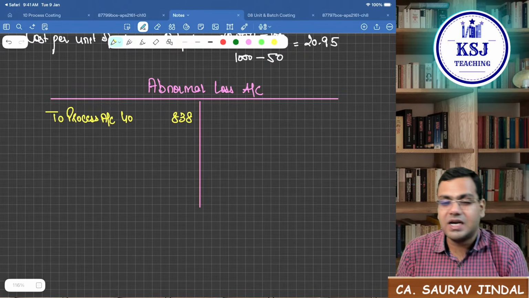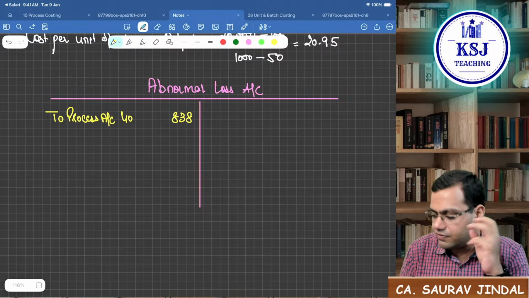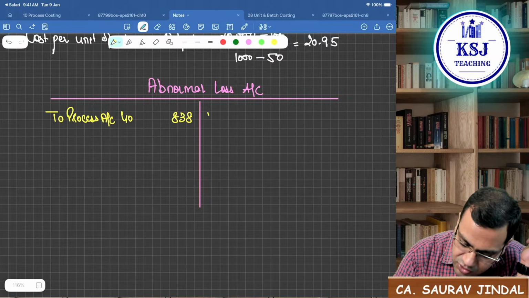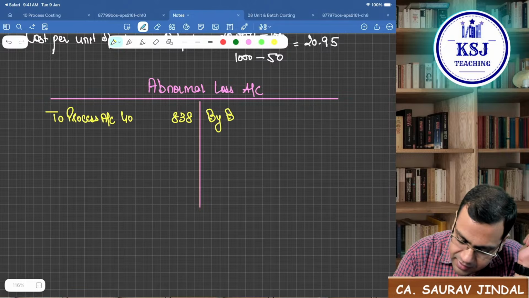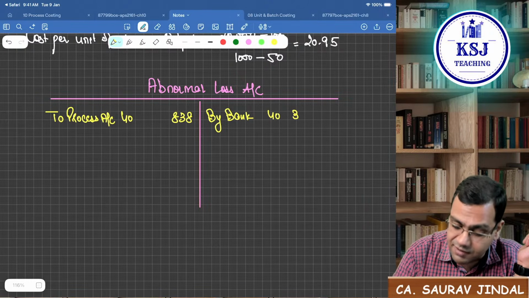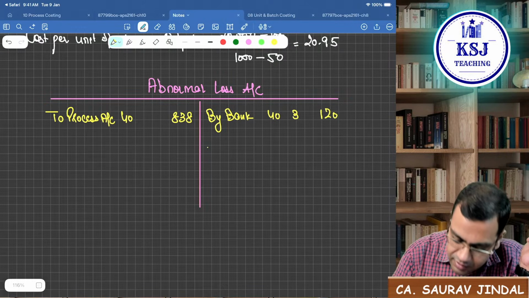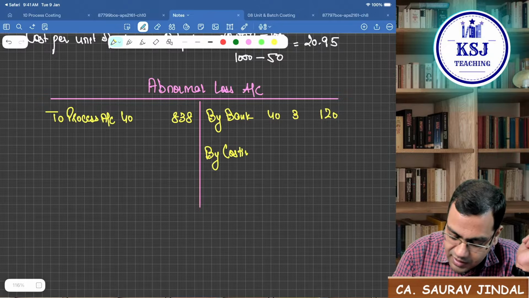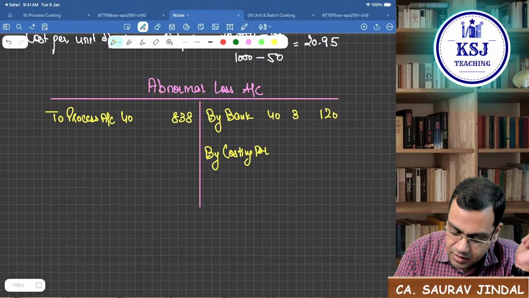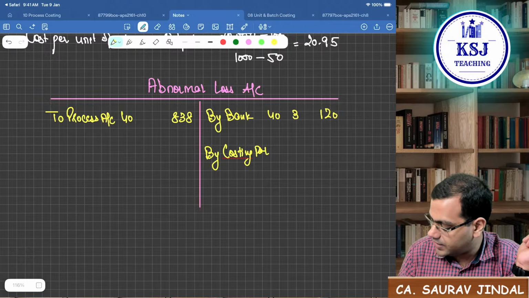And if you are recovering, let's say, 3 rupees on 40 units, 3 rupees is your scrap value, so 120 rupees you will receive as scrap. The remaining loss is taken to the costing P&L account, that is 838 minus 120.